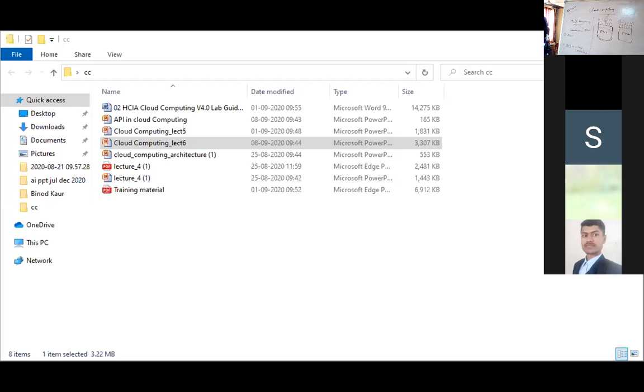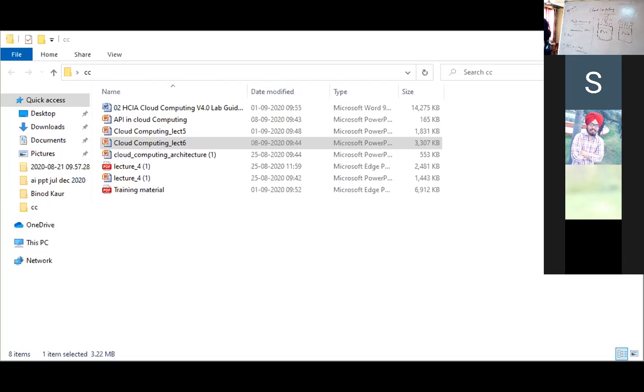Ma'am, PPT is not showing on screen, not audible. Can you hear me right now? Am I audible to everybody in the class? Yes, ma'am, except Gagandeep Kaur and Sumit Kumar Jha, because Sumit has some network issues. Ram Manohar, ma'am, PPT is not visible. Is the PPT visible or not? No, ma'am.